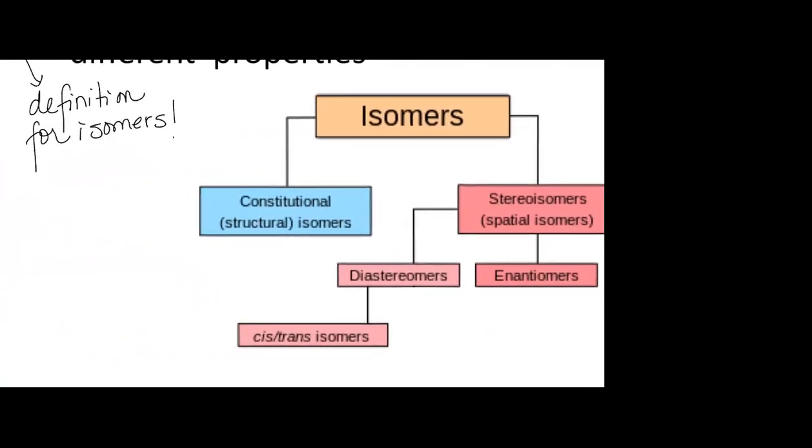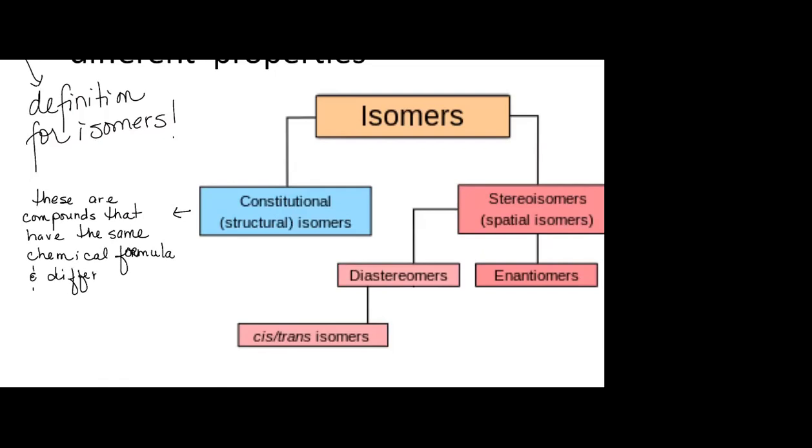So what defines something as a structural or constitutional isomer is that these are compounds that have the same chemical formula and different attachments of the atoms.